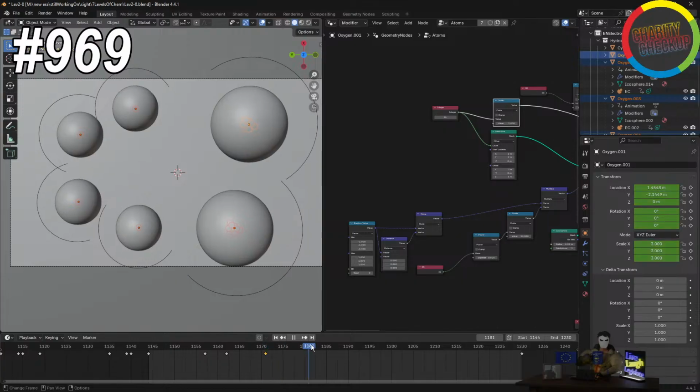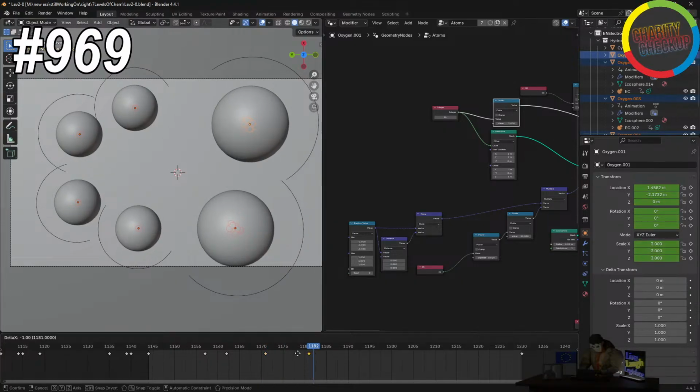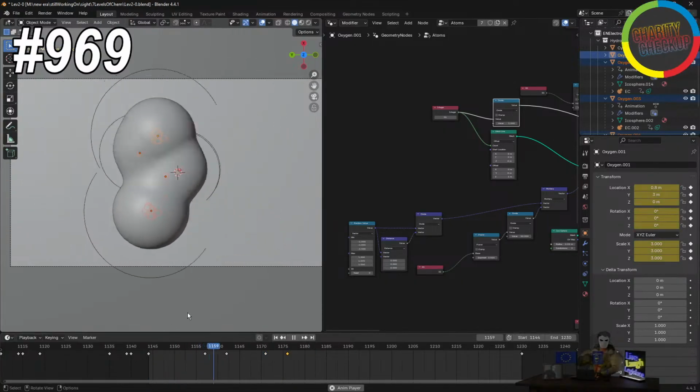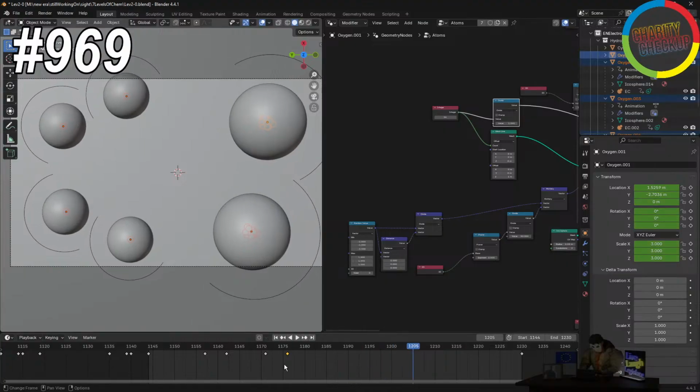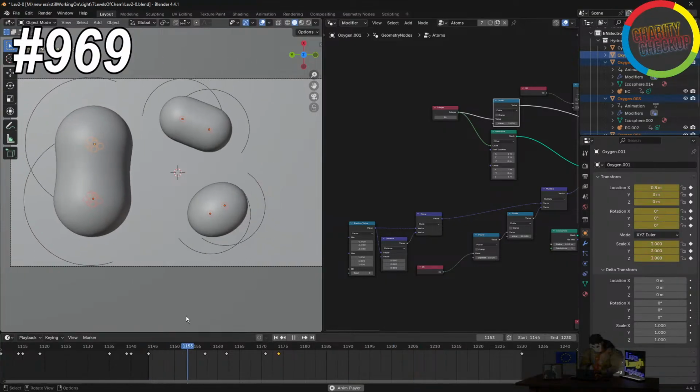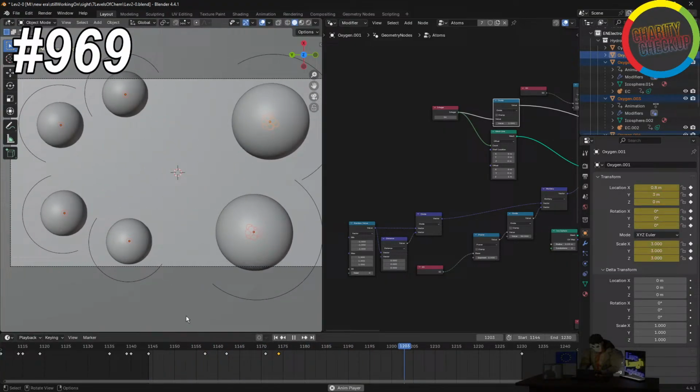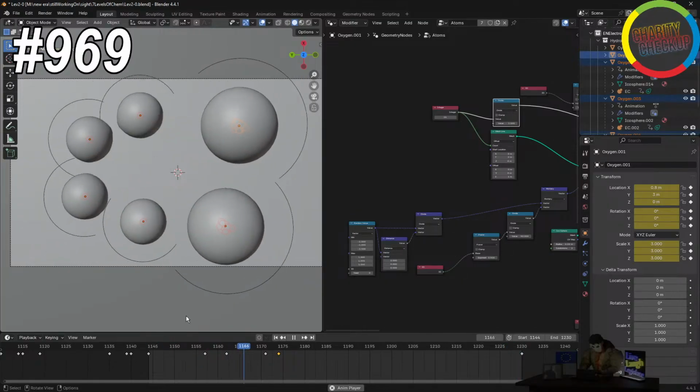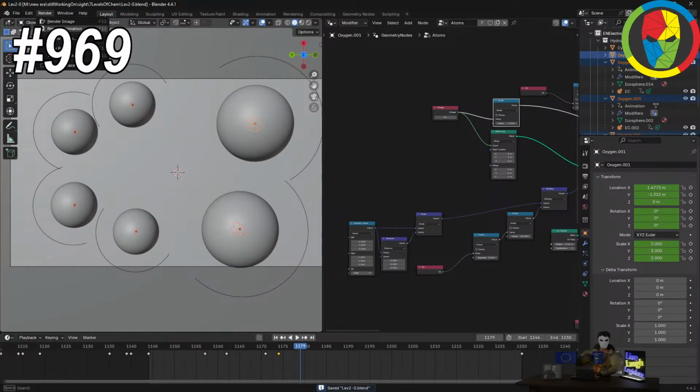I don't like how it pauses here. Okay, not bad. Could be better, could be worse. I'm giving it a pass.